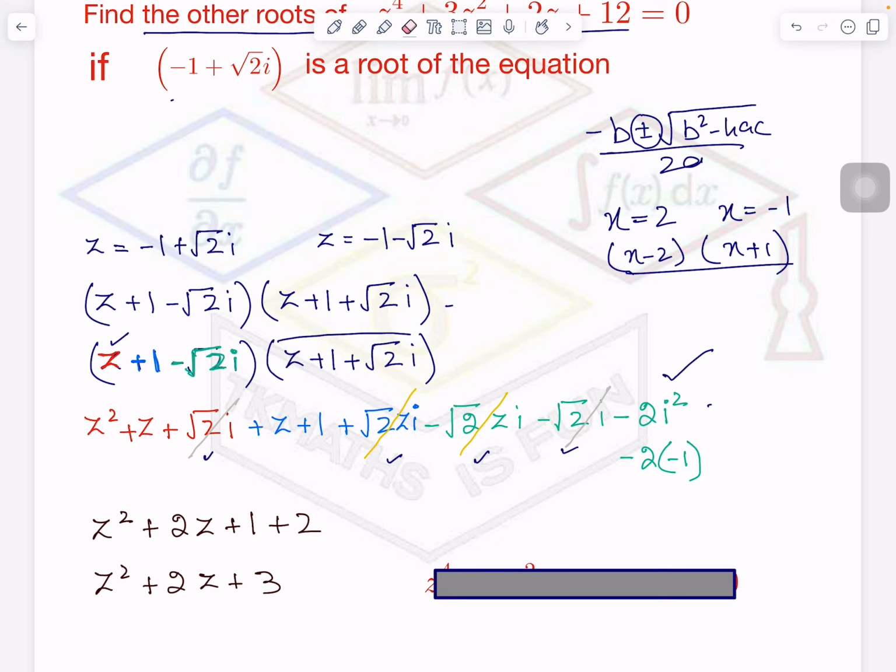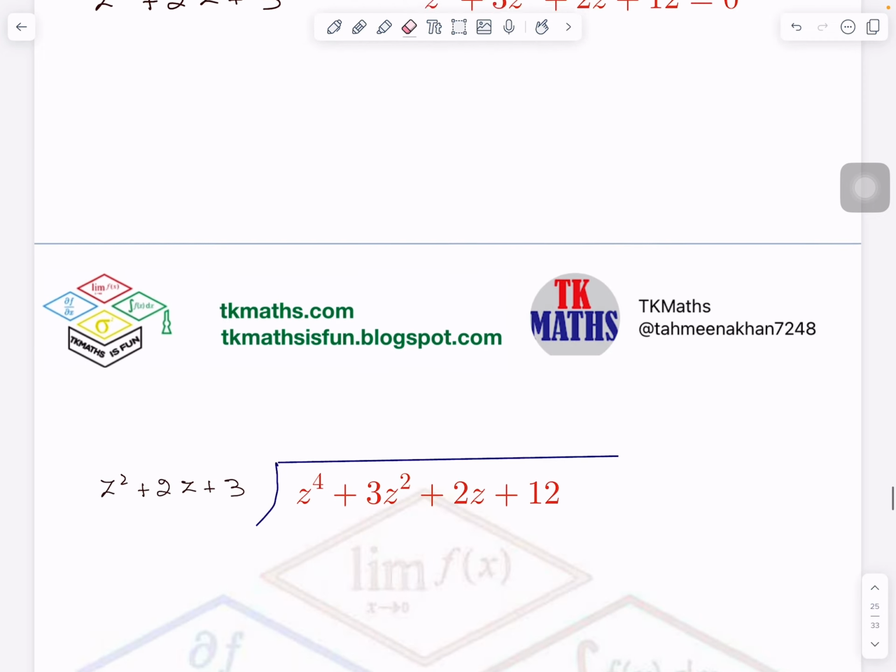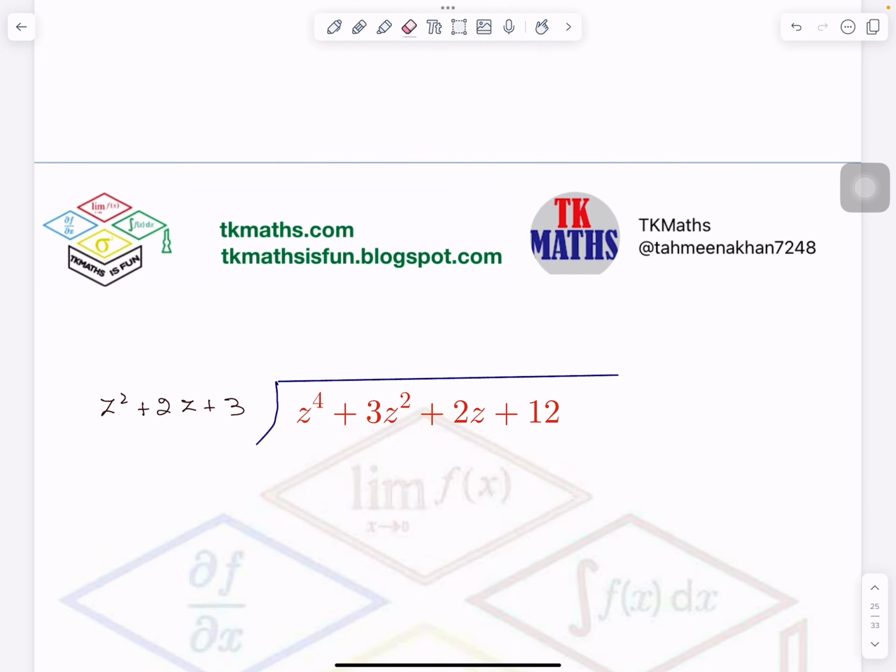So your question was, you have to find the roots of this. What is the technique you will apply? You can apply a different method, but let's do it here by the long division method. I have not done this in advance so that I can explain it side by side. First of all, z square multiplied into z power 4 plus 3z square plus 2z plus 12.